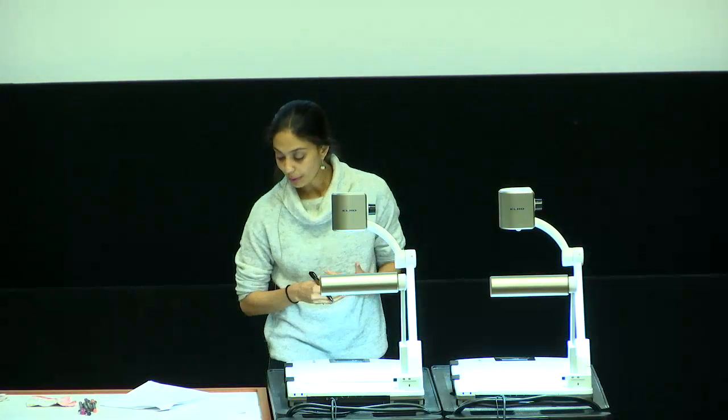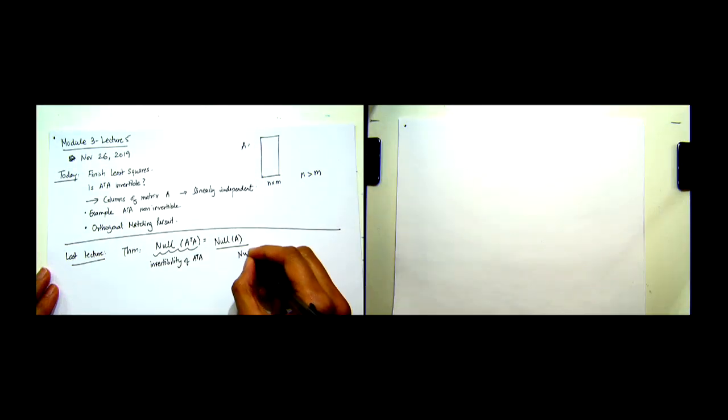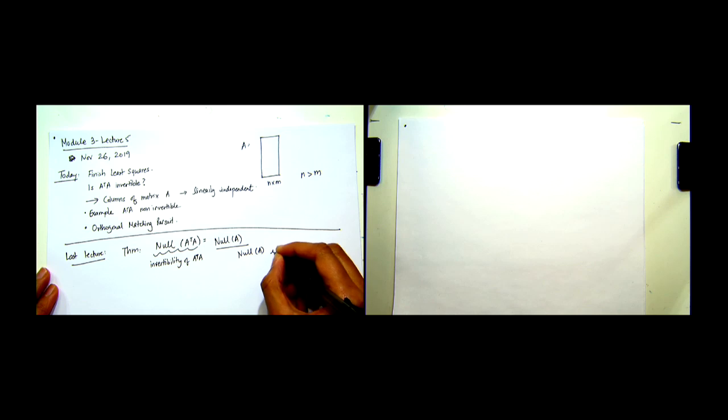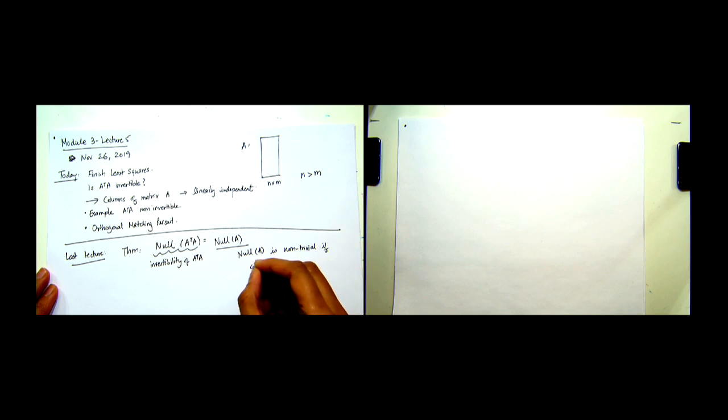And what we basically want to see, and we know, is that the null space of A is non-trivial if the columns of A are linearly dependent. What does it mean for the null space of A to be non-trivial?